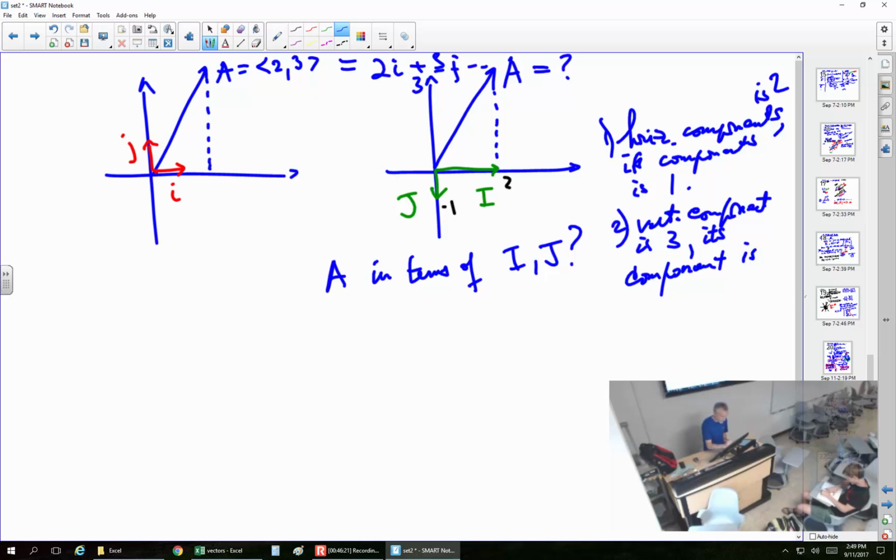So how do I get to 3? Taking J steps. And the answer is negative 3. So in that sense, as you can see, we have a totally new representation of our vector with respect to different coordinate systems.